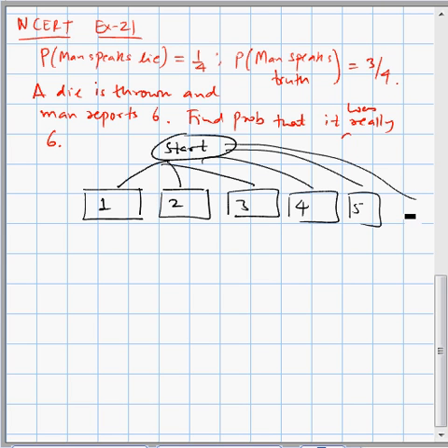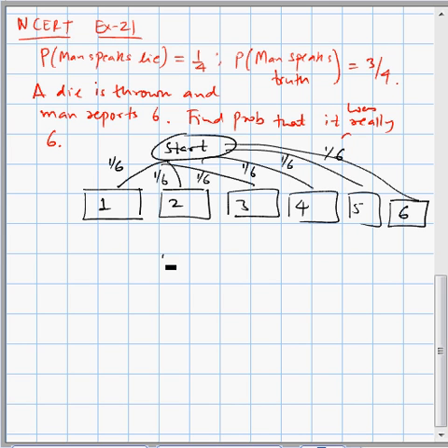We can just make 2 cases, 6 and not a 6. But to understand the problem, let's make these 6 cases. Now probability of each is 1 by 6. Probability die shows 1 is 1 by 6, 1 by 6 shows 3, 1 by 6 shows 4, 1 by 6, 1 by 6. This is also 1 by 6.